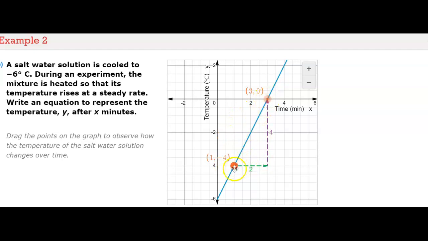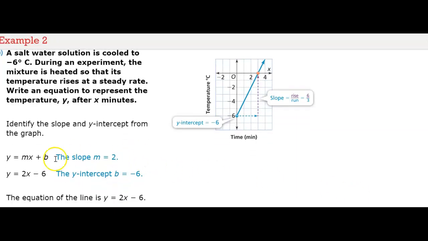So you look at the 2 points they have here. So our rise would be the 4, and our run would be the 2. So our slope would be 4 over 2, which would be 2 over 1, which would be 2. So it'll be y equals 2x plus negative 6. Yes, that is it. So that will be our equation that we would have.